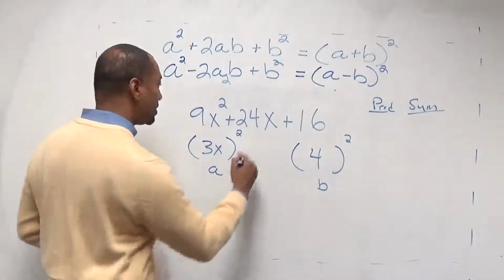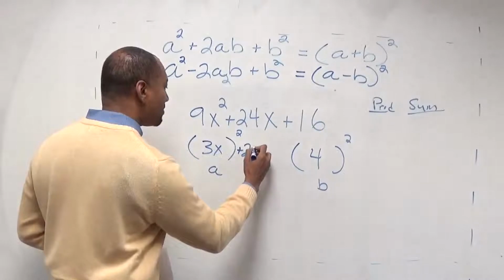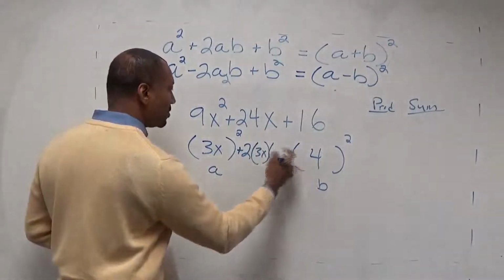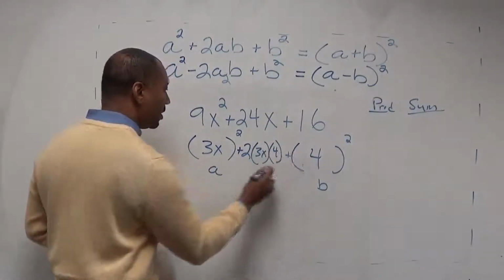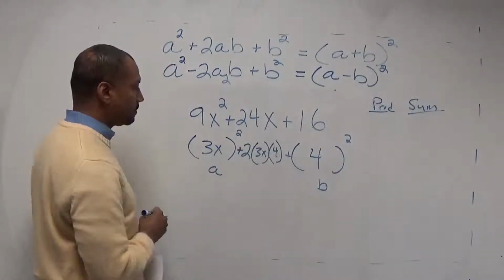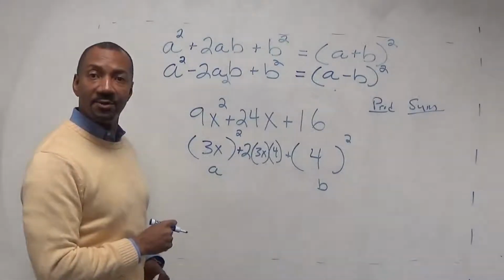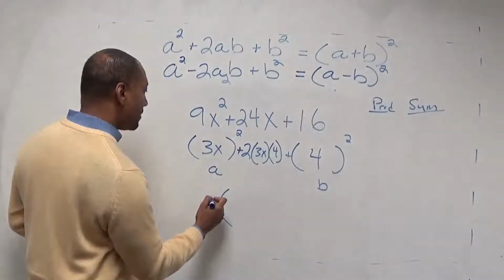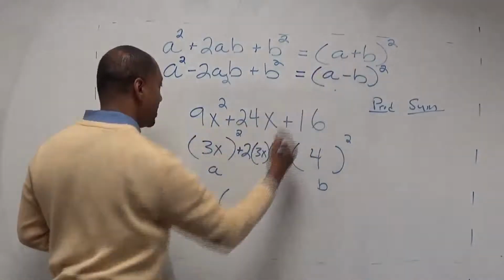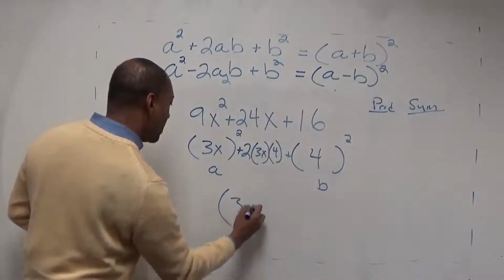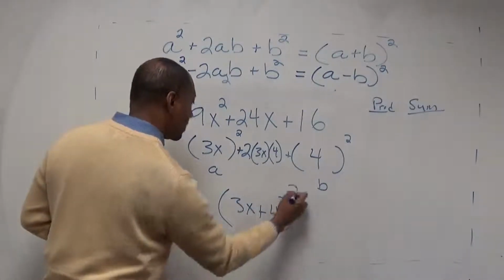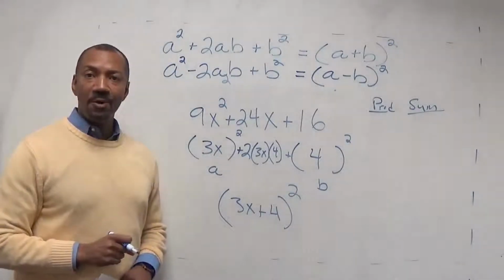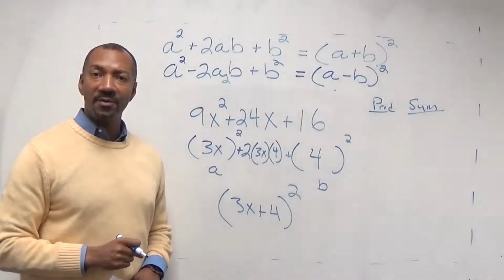Let's check if 2 times my a, which is 3x, times my b, which is 4, will give me back 24x. It does. So let's go straight to our answer, which is going to be, like we have up here, a plus b squared. So let's go a plus b squared. And that's it. Keep practicing, and I hope you develop more skill using perfect square trinomials.